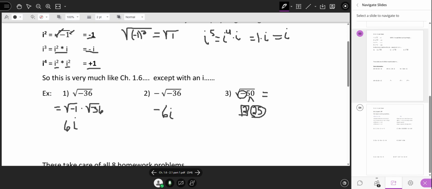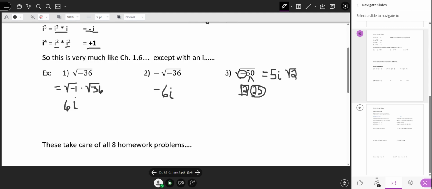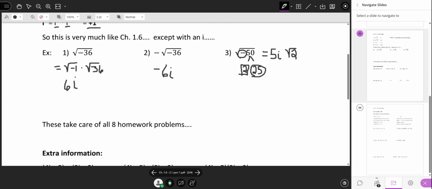So that gives you 5i. And then you've got the square root of 2. Yippee skippy. Okay. This should take care of all 8 problems.